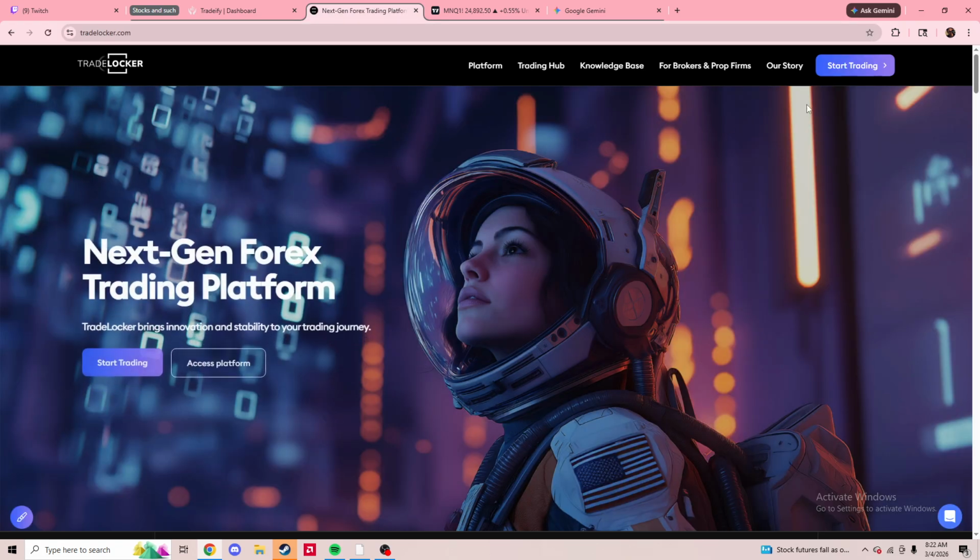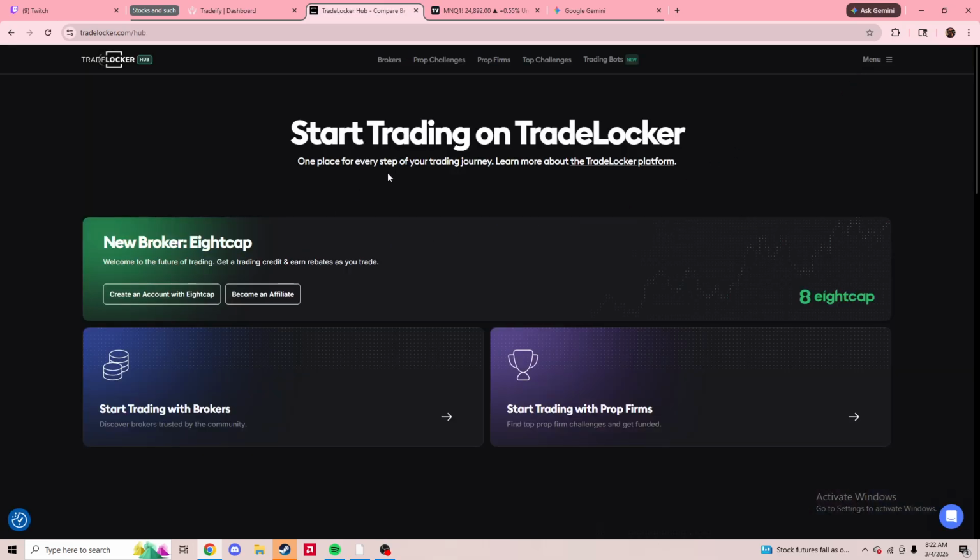There's a different version called prop accounts or funded accounts, which is sort of like paper trading with fake money, but it has incentives for trading. If I trade with a funded account, you have a goal that you have to hit, and then you get money off of that.